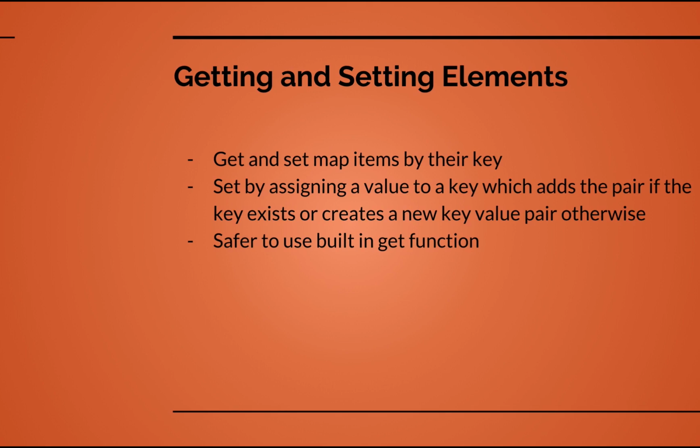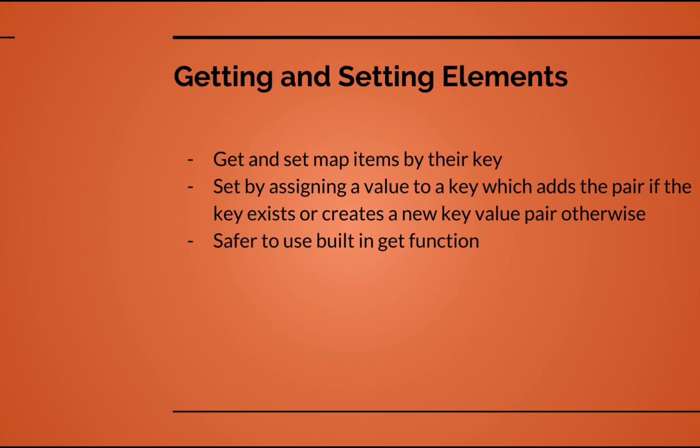And that's how we both get and set these items. If we want to retrieve an item, we simply enter the key of the value we want to retrieve, and it will retrieve just the value. It's generally safer to use a dictionary's built-in get function in Python because this avoids some of the potential errors that could occur. Similarly, setting an item or changing a value in a dictionary is done through the key as well. Now, there's one of two possibilities if we try to set a value in a dictionary.